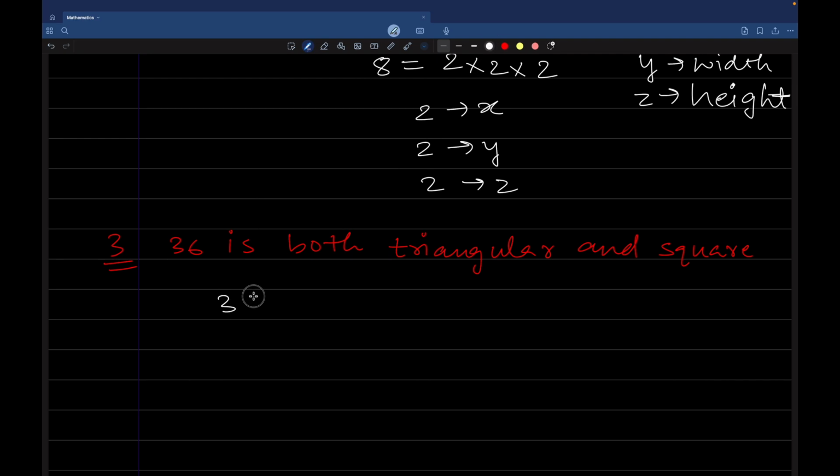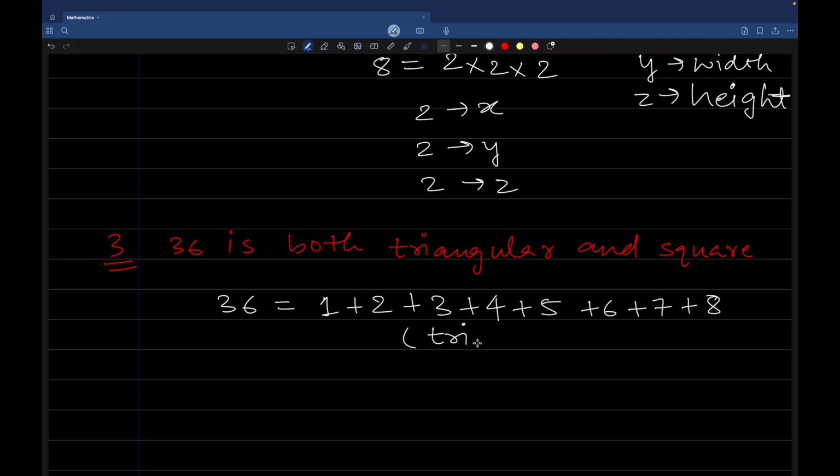That is, if we write 36 as a triangular number, that is 1 plus 2 plus 3 plus 4 plus 5 plus 6 plus 7 plus 8. This is the triangular way.